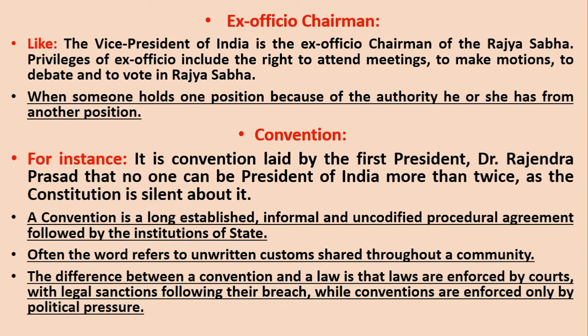If someone disobeys the laws, it becomes a crime. There are courts to enforce the laws, but the courts don't interfere in the enforcement of conventions. The person may enforce it or may not. It depends. It can be changed also later.